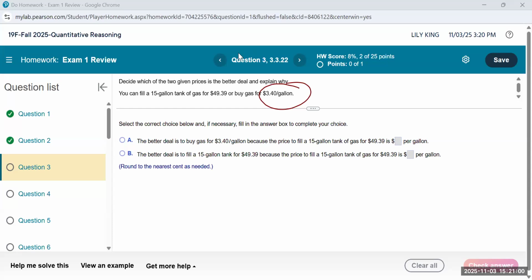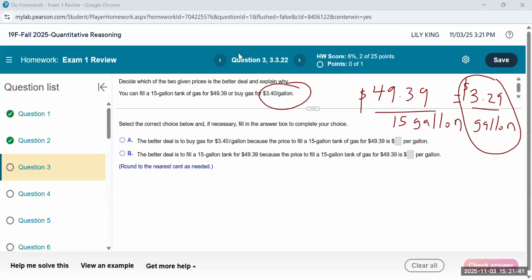If you are filling a 15-gallon tank of gas for 49.39 cents, how much are you paying per gallon? So you take the total price, which is the 49.39 cents, and you divide by the total number of gallons, which is 15 gallons. And dividing these two numbers will give you the unit price, and then you compare that with the 3.40 cents per gallon. So to the nearest cent, we have 3.29 cents per gallon.